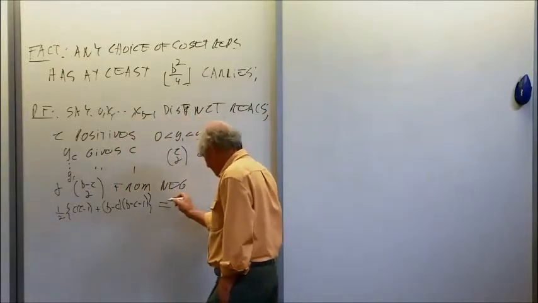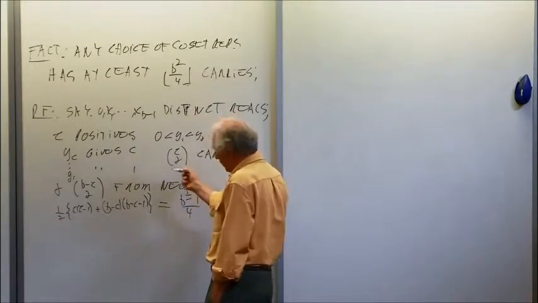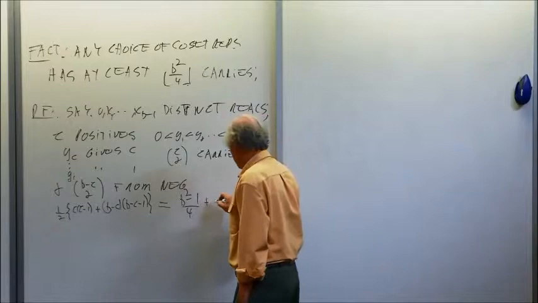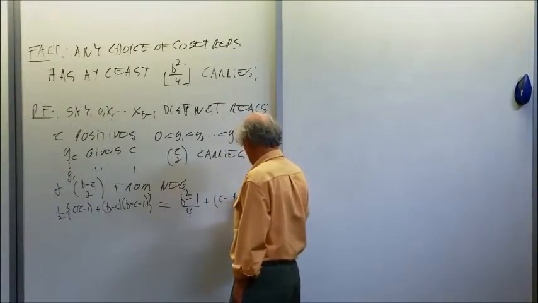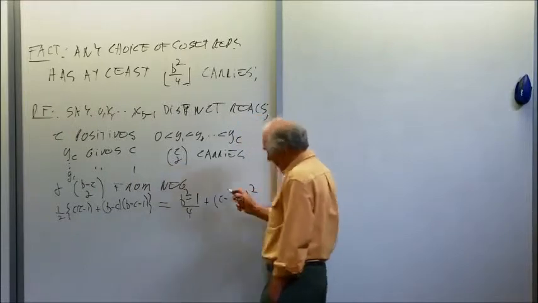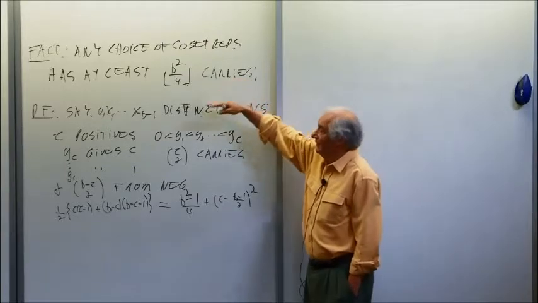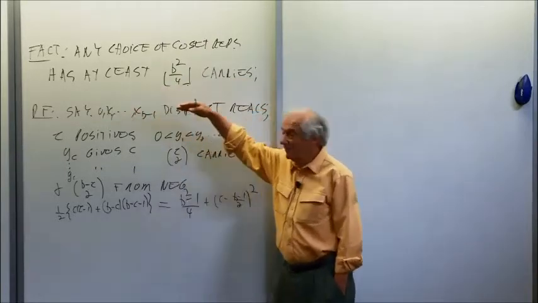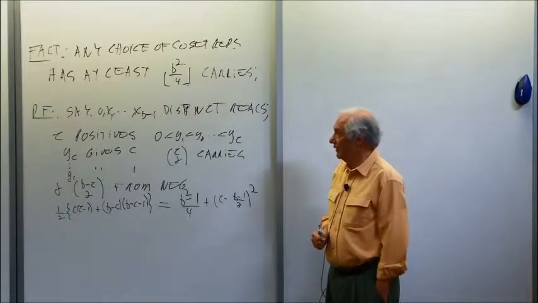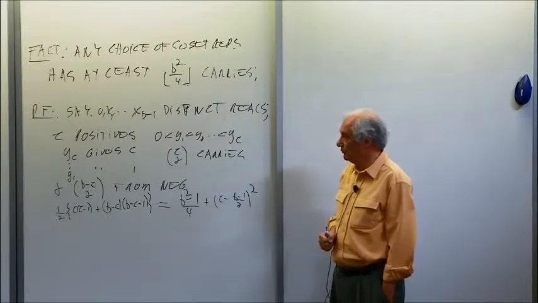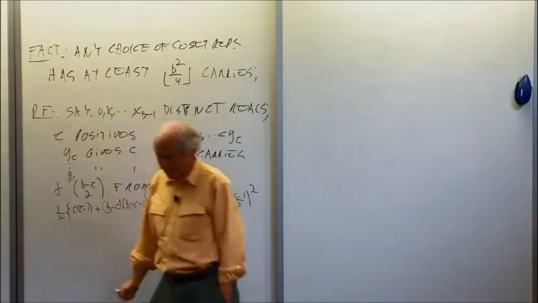And this, if you do it, is (b squared minus 1) over 4, taking b to be odd, plus a square term, something that's positive, (c minus (b minus 1)/2) squared. And that's bigger than or equal to (b squared minus 1) over 4. So any choice of coset representatives has at least b squared over 4 carries. And that's sharp by these balanced representatives.